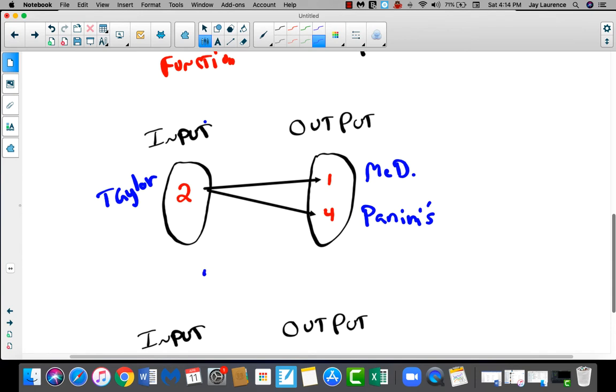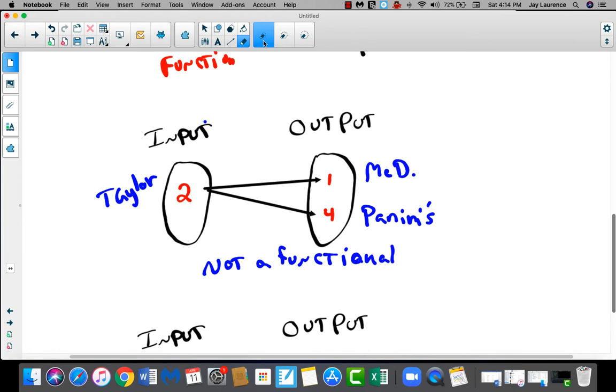This is not a function. Taylor cannot do that. We call it only a relation. It's simply just a plain old relation, depending on what they want you to identify.